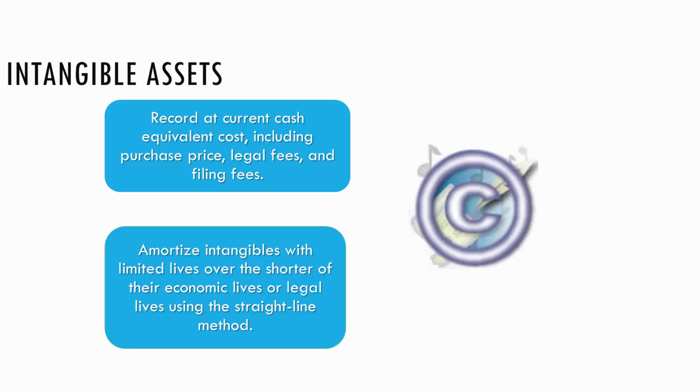Now its legal life could be indefinite, but as I said earlier with trademarks, if you believe that you will no longer use this trademark after a certain point, then you're going to have to say that the economic life is shorter than the legal life. So look at the economic life. How long can you use it within legal bounds? And just use that.